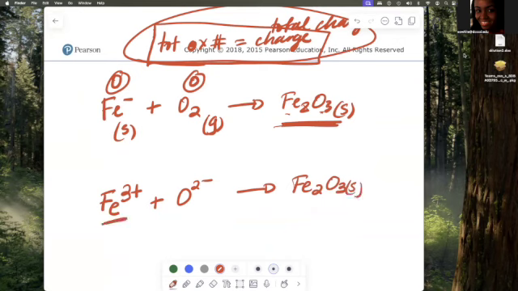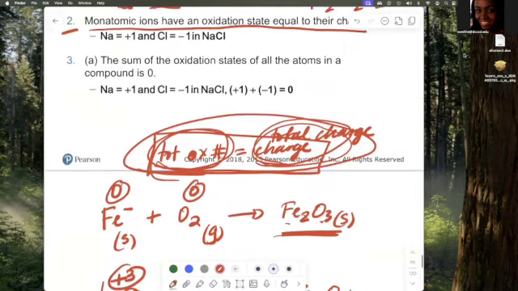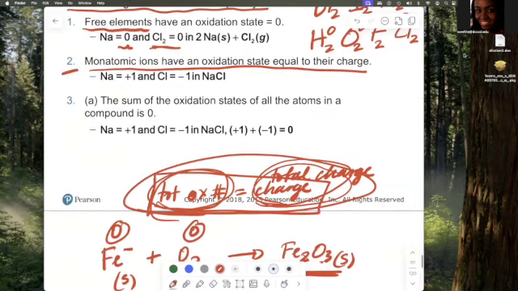Because this time there is a charge here, and we're trying to get the total oxidation number to match the total charge. For this reactant here, the oxidation number will be plus 3. For this reactant here, the oxidation number will be minus 2. Okay? Because for each chemical species, we want the total oxidation number to match the charge. Hopefully that makes sense. So that takes care of rule number 2.